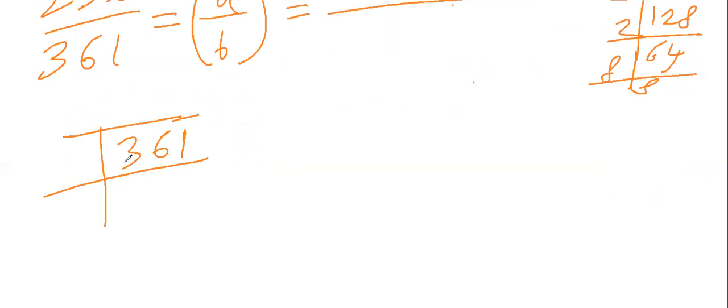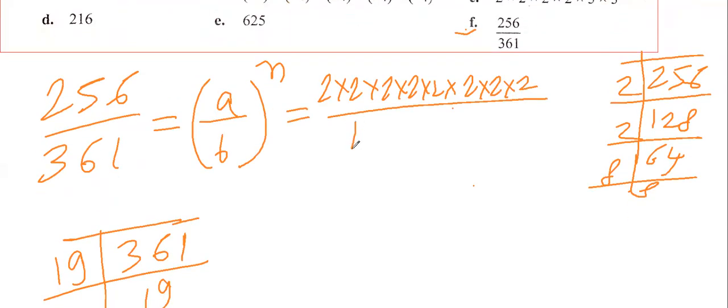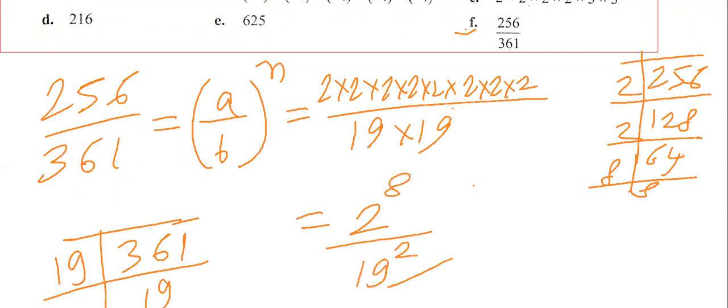So let's try 11. 11 also not divisible. 12 no. 13 not possible. 14 no. 15 no. 16 no, not possible. 17 no. 17 not possible. 18, let's try 19. 19 ones are 19, and then 19 nines are 361. Okay, so here 361 I can write as 19 into 19. So ultimately the answer will be 2 to the power of 1, 2, 3, 4, 5, 6, 7, 8, 2 to the power of 8 divided by 19 whole squared. This is the answer. So the final answer is this.